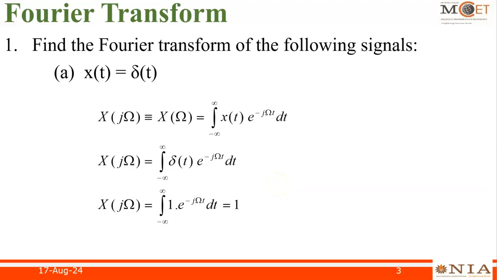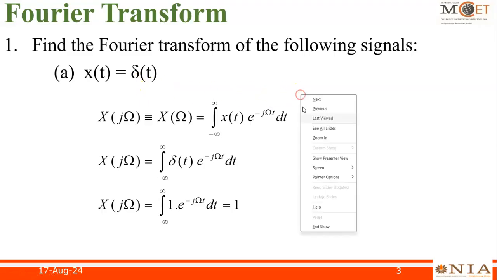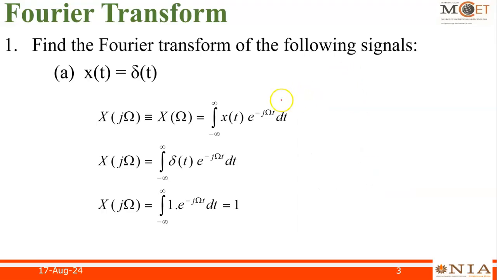Let us solve problems related to Fourier transform. So the first signal is given as the impulse function x of t is equal to del of t. We know what is del of t, right? Del of t is simply an impulse function, which we can write as del of t is equal to 1 for t is equal to 0.